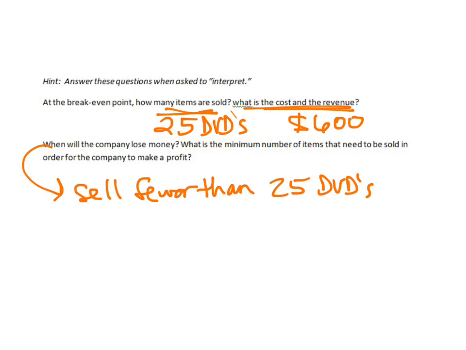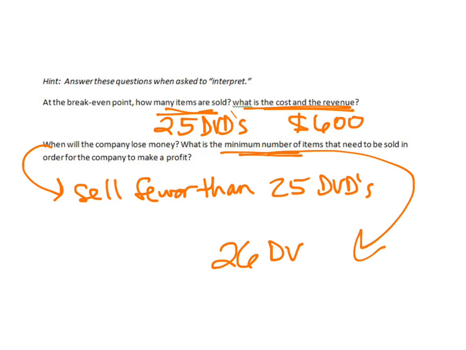So in this case, the minimum number of items needed to be sold to make a profit would be 26 DVDs, because they're not making a profit at 25 DVDs. They've just broken even. So profit occurs as soon as they get to the next number of units that can be sold beyond that.